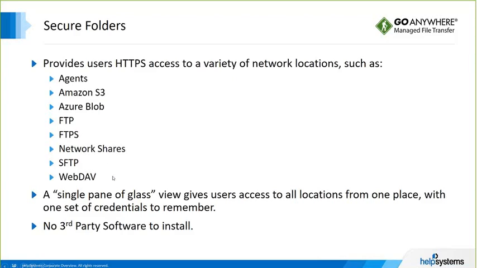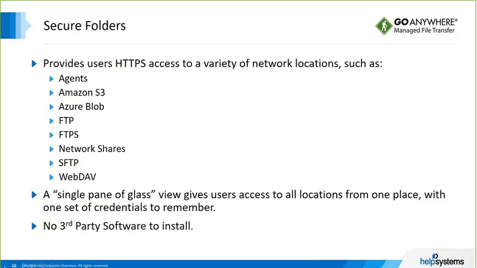So you can think of this as a single pane of glass view to give users access to all these different locations from a single place, with only one set of credentials for them to remember. So rather than users having FileZilla installed on their desktops to manage SFTP or FTP file transfers, and then maybe an Amazon S3 connector or an Azure Blob connector, all the users are going to go into the web client where they see all of these folders and file locations from a single place.